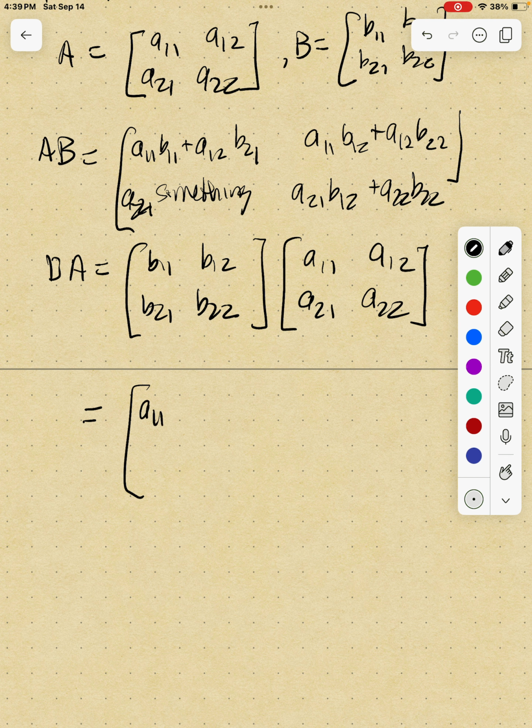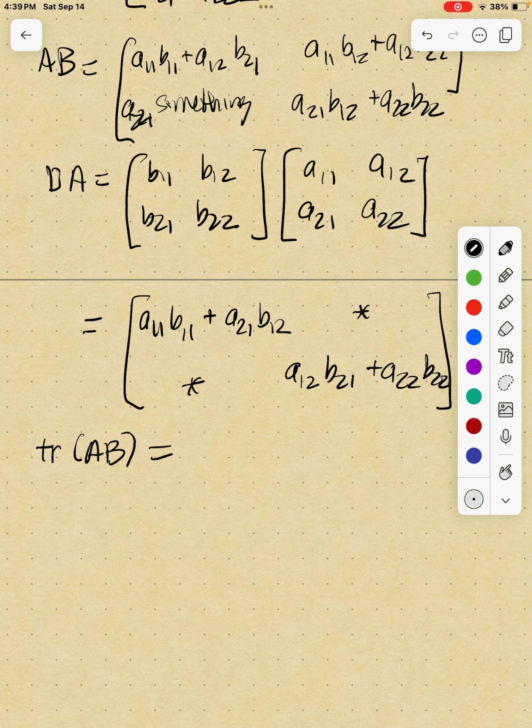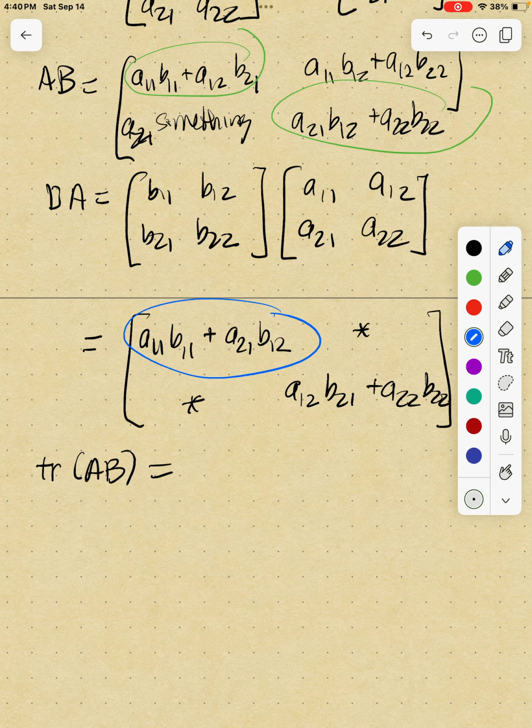So it's A11, B11 plus A21, B12. And then it's something, and it's something, and then the last one is A12, B21 plus A22, B22. And so the trace of AB is this plus that. And the trace of BA is this plus that.